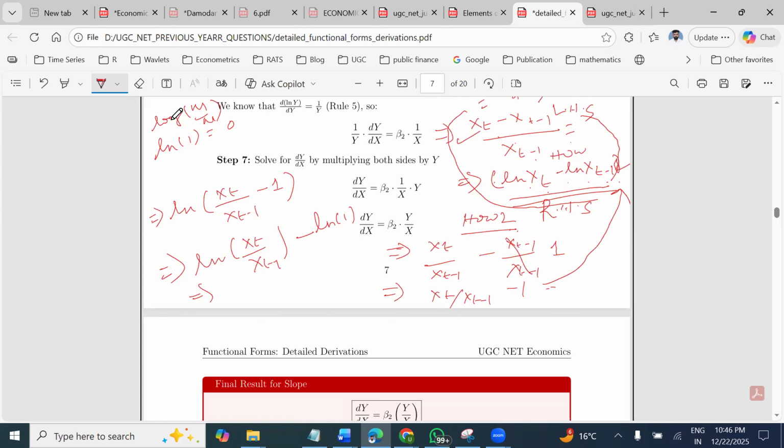Very good. So now ln xt minus ln xt minus 1, and this is already 0, as Sangeeta told. Now I can easily prove, no? So this is my RHS.